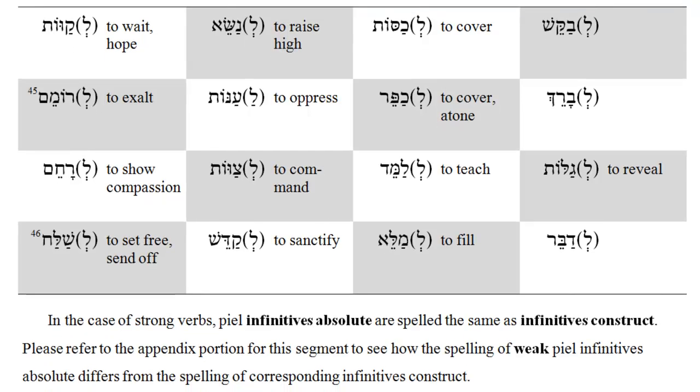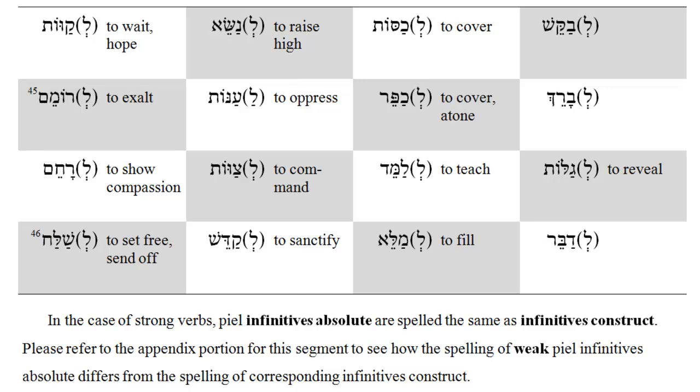Levachesh, levarech, legalot, ledaber, lechasot, lechaper, lelamed, lemale, lenase, la'anot, letzavot, lekadesh, lekavot, leromem, lerachem, leshalach. Once again, these are presented as infinitives construct.